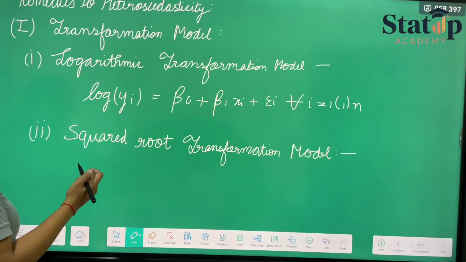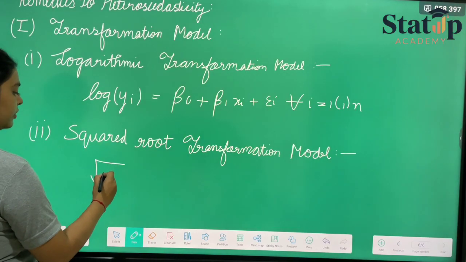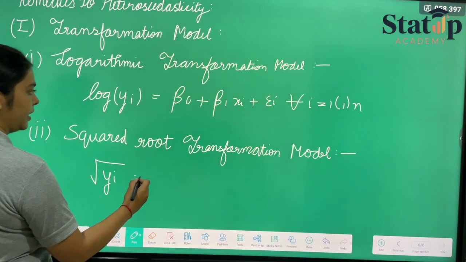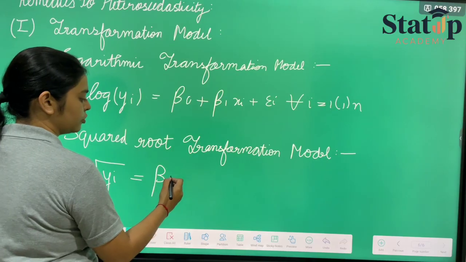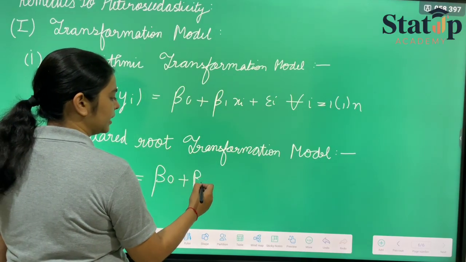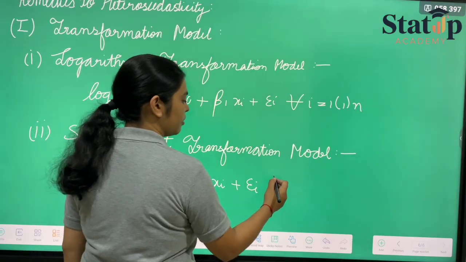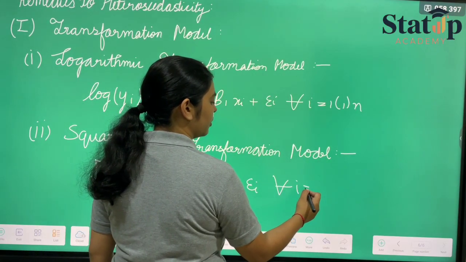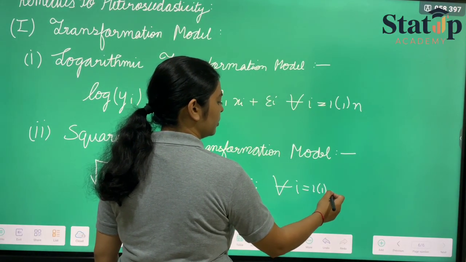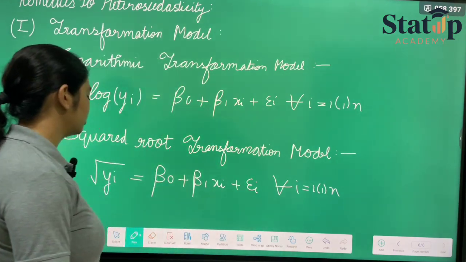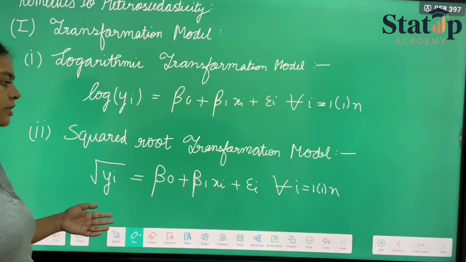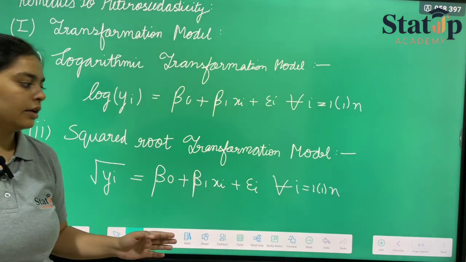Similarly, as we took log, we will take square root of the dependent variable, which is square root of yi is equals to beta naught plus beta 1 xi plus epsilon i for all i goes from 1 to n. So square root value also decreases the variance of any model.